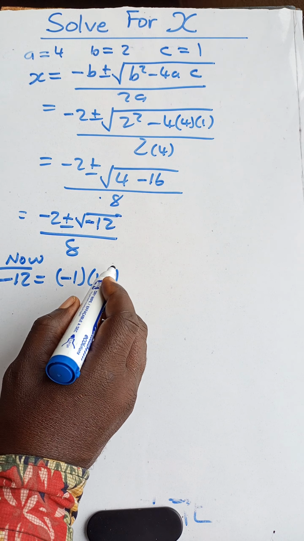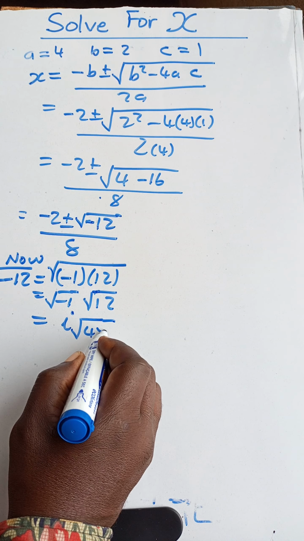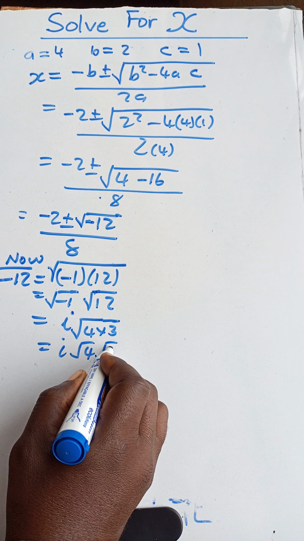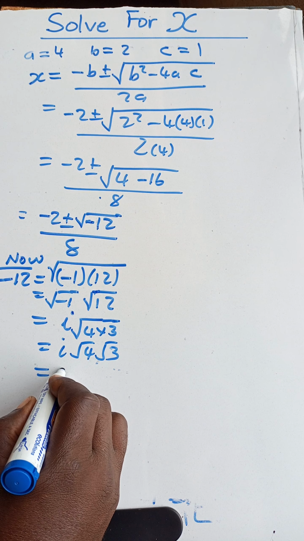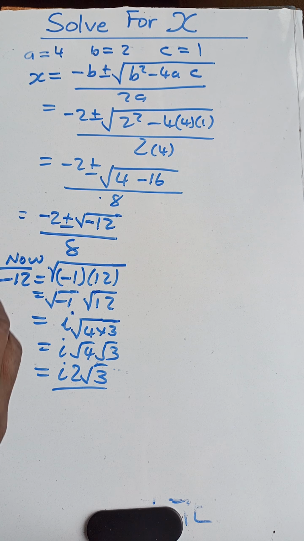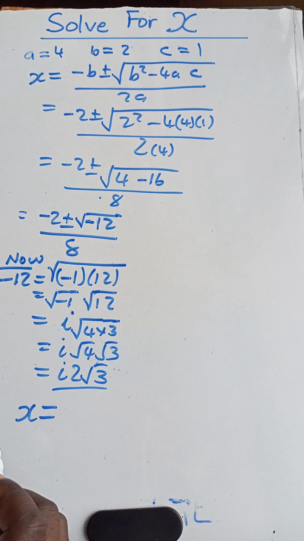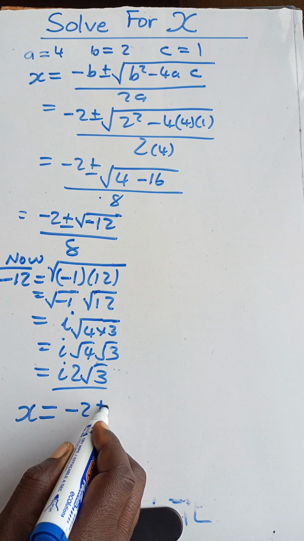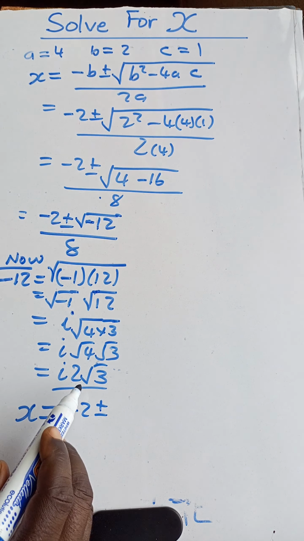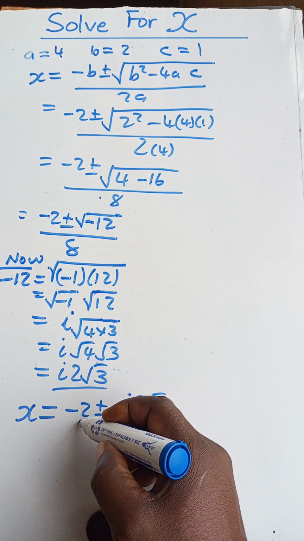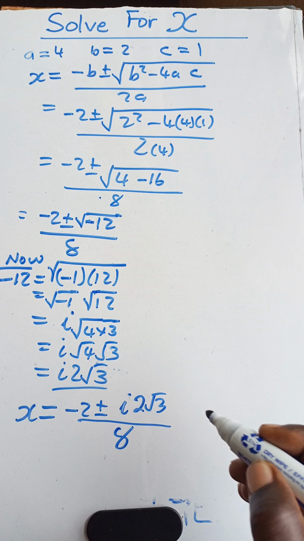And square root of 12 is square root of 4 times 3, which is 2 root 3. Okay, so the two values of x there are negative 2 plus minus the square root of negative 12. We write that plus minus i 2 root 3 all over 8.